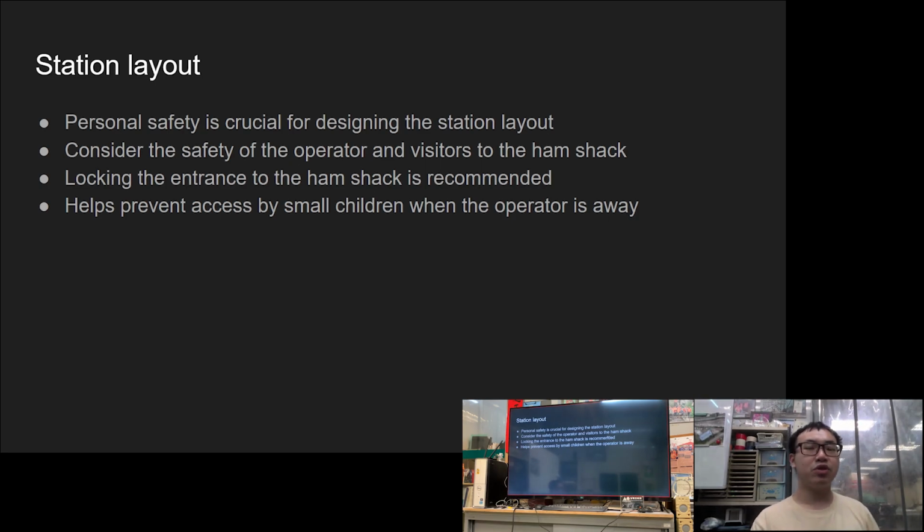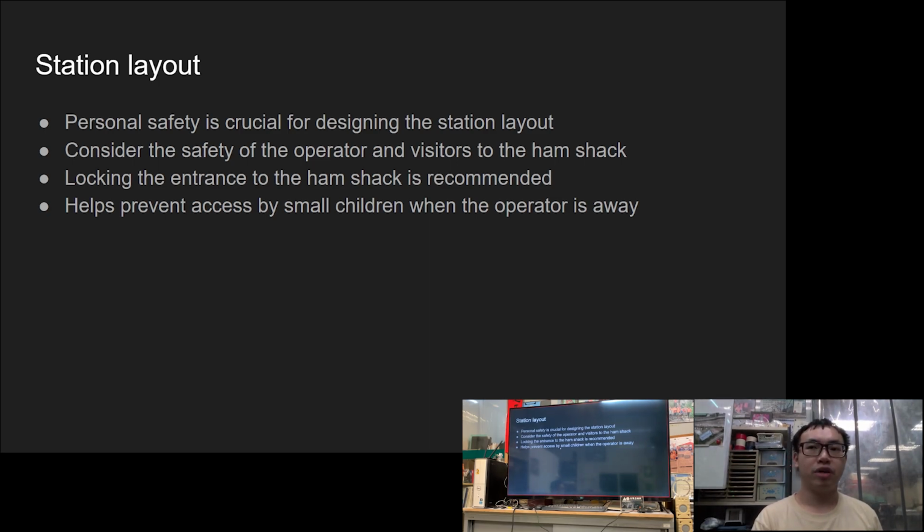So make sure your station is clean, and you don't want visitors playing around with your equipment and damaging it. Lock the entrance. Sometimes we have a room here and we can lock it up. If we have some public events, we can lock the room so no one can enter if necessary. Small children.